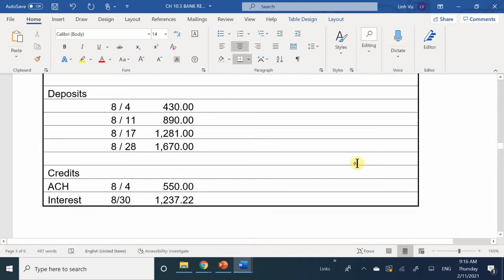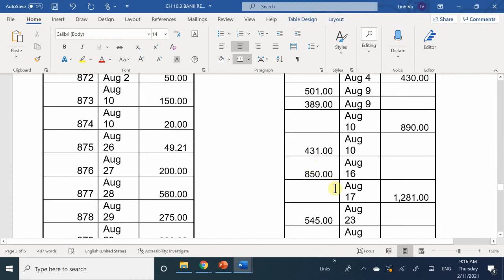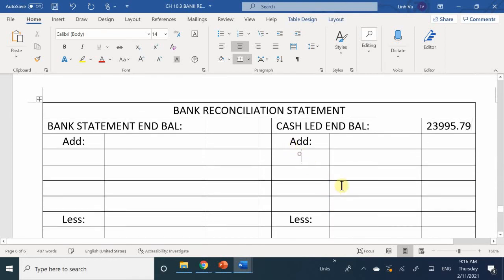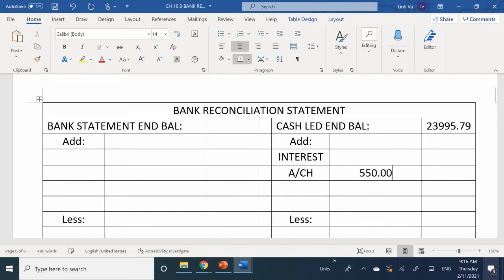So 1237.22. Okay, so here, interest, ACH, 1237.22.